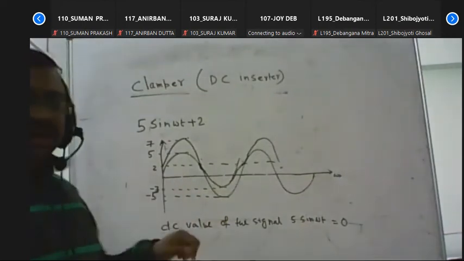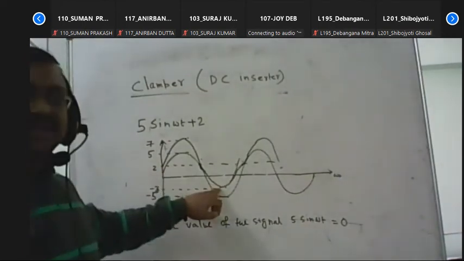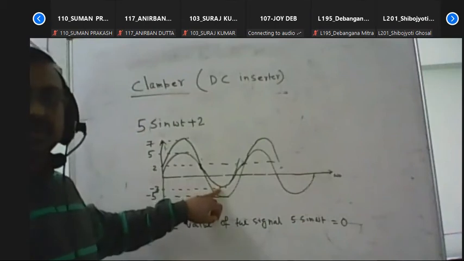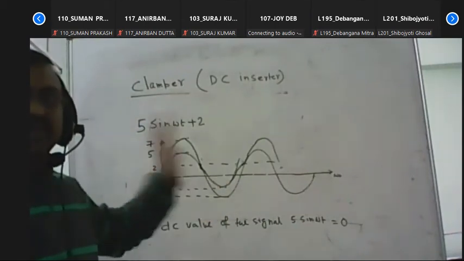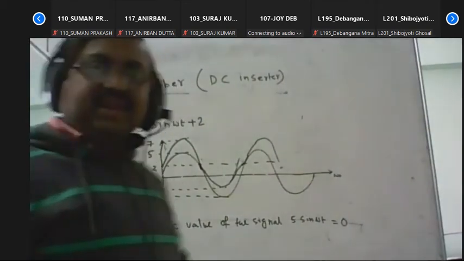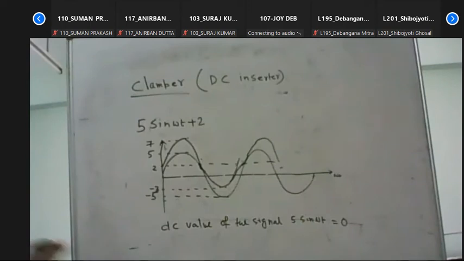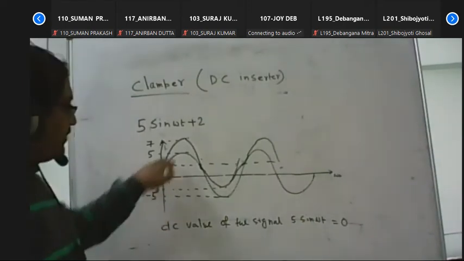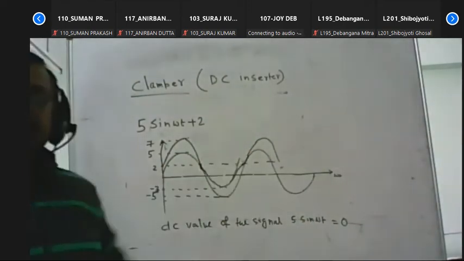That means the total area covered by this signal is 0. This area will be cancelled out by this area. So the total area covered by the signal is 0, which means the DC value of the signal 5 sin omega t is 0.